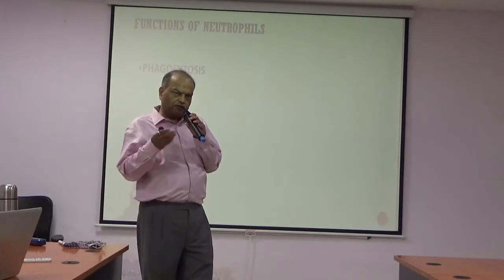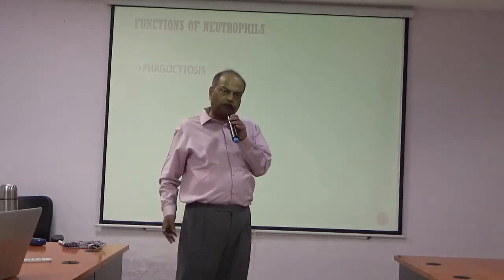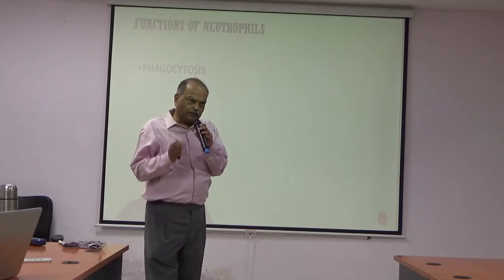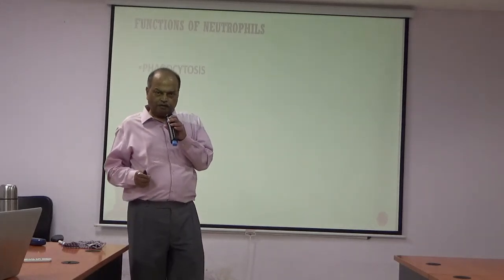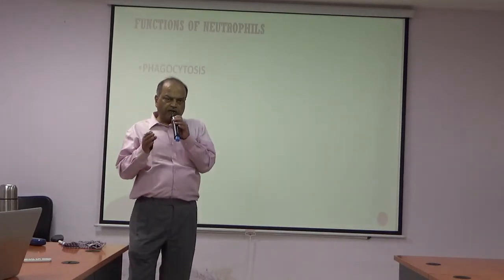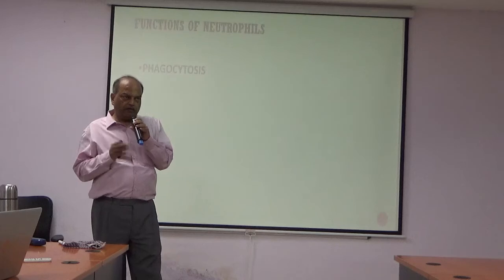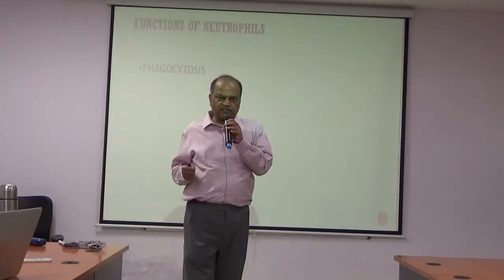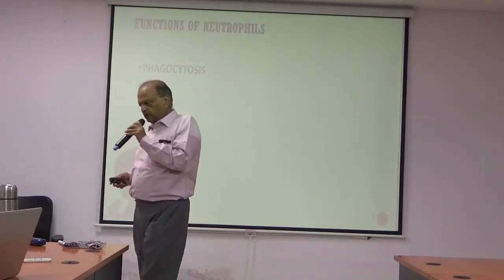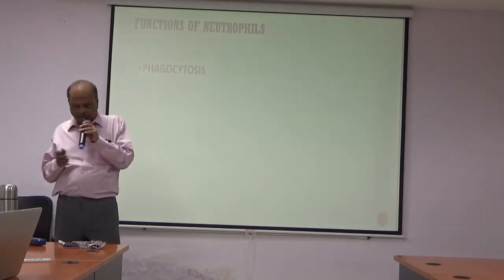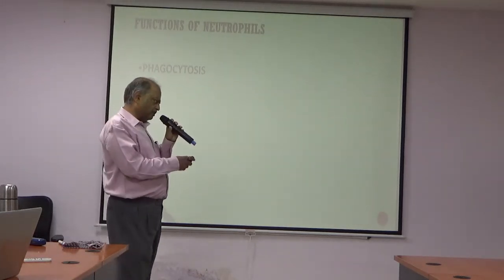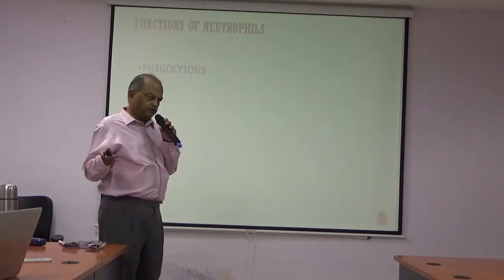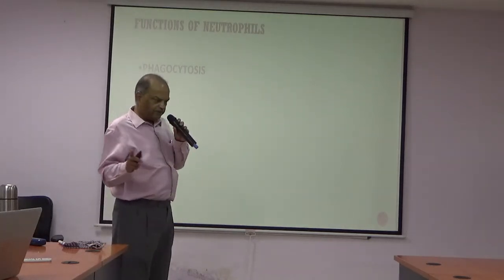The terminology is self-explanatory; mitotic compartment means mitosis is going on, and that takes around 3 days. The post-mitotic compartment takes about 7 days. So in a total of 10 days, this whole process, from the myeloblast to the mature neutrophil or the eosinophil, takes around 10 days.